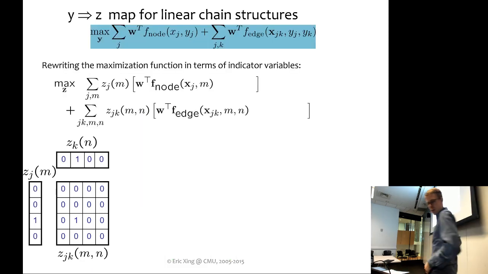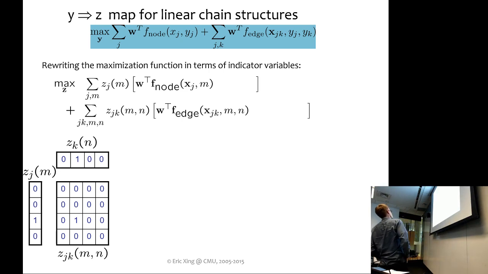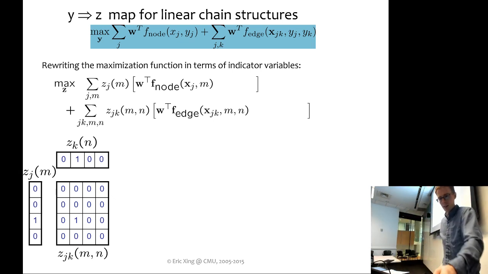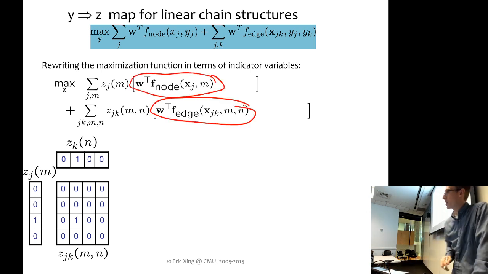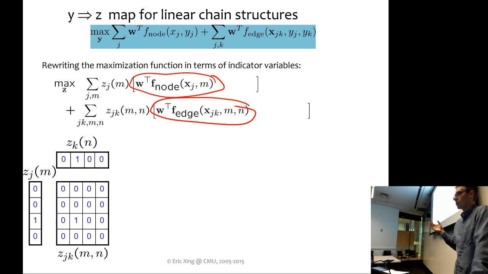So now what we can do is rewrite the actual optimization problem in terms of these indicator variables. We're going to have two types of potentials: node potentials and edge potentials, just like in the binary pairwise case, but now we're no longer binary.